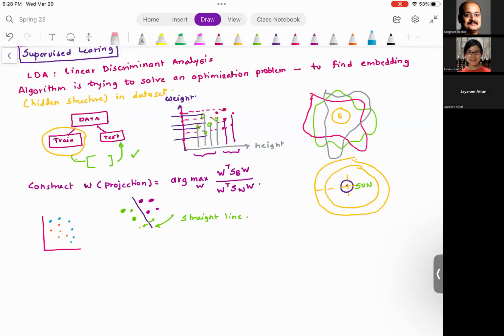So perhaps what we can do is fit a curve that separates out the data set. Depending upon whether you use a line or a curve, and what type of equation you are dealing with, that would tell you whether you have a linear discrimination between the two, or some type of quadratic equation that is separating these two individual distributions.